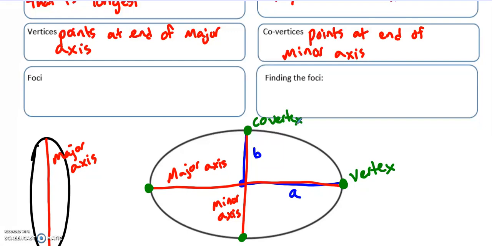So there's a pretty good picture of what an ellipse looks like in terms of just graphing it. But like I said, way up at the top, ellipses are actually constructed based on two important points called foci.